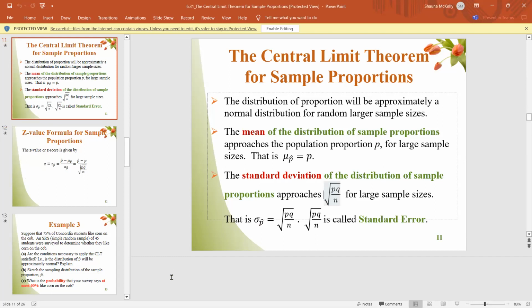So let's do that. Let's come over here. We're going to write some stuff out. So mu of p hat, the mean of all of my p hats, is going to equal p, right?